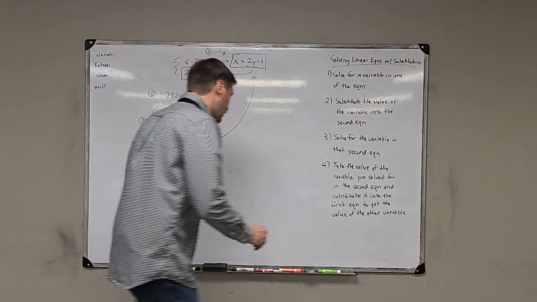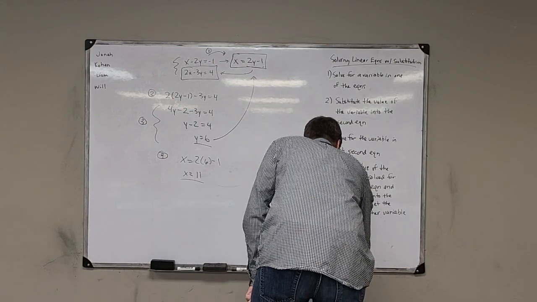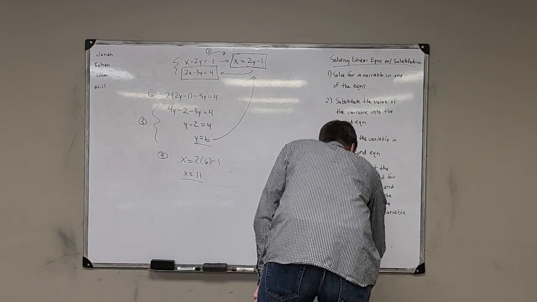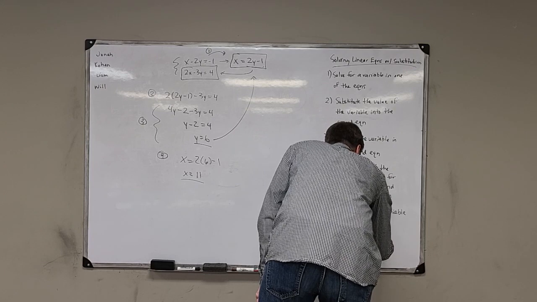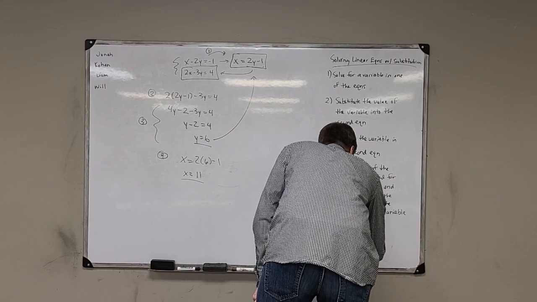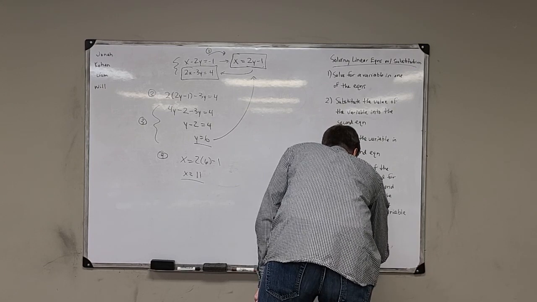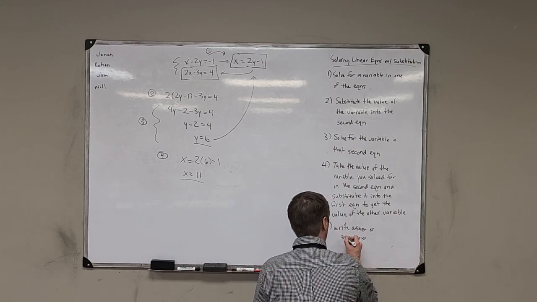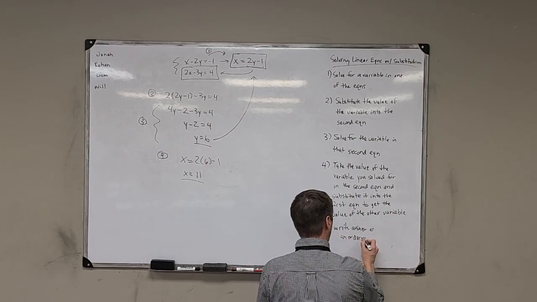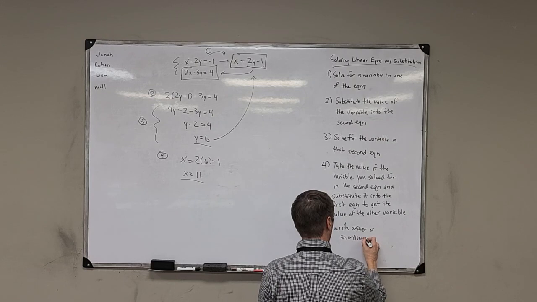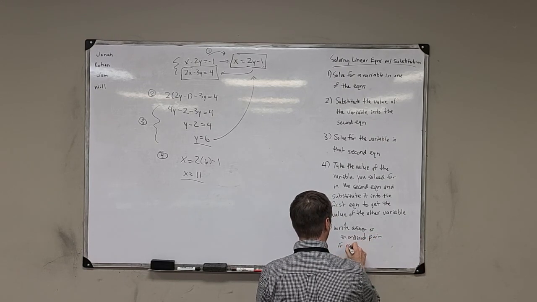And I could add a 5th step here that says, write answer as an ordered pair, if variables are x and y.